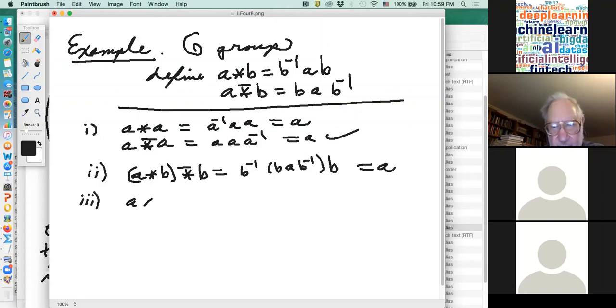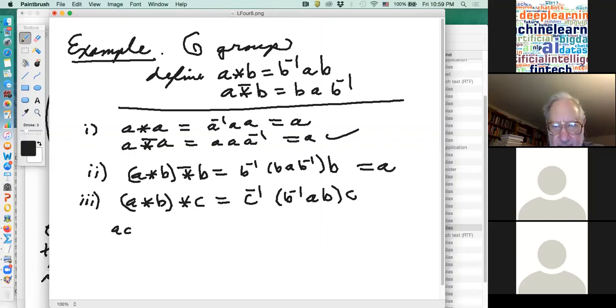So we have A star B star C. So we get C inverse times B inverse times A times B times C. All right. And in the other way, A times C times B times C is going to be equal to B times C inverse A times C, which is C inverse AC, right?